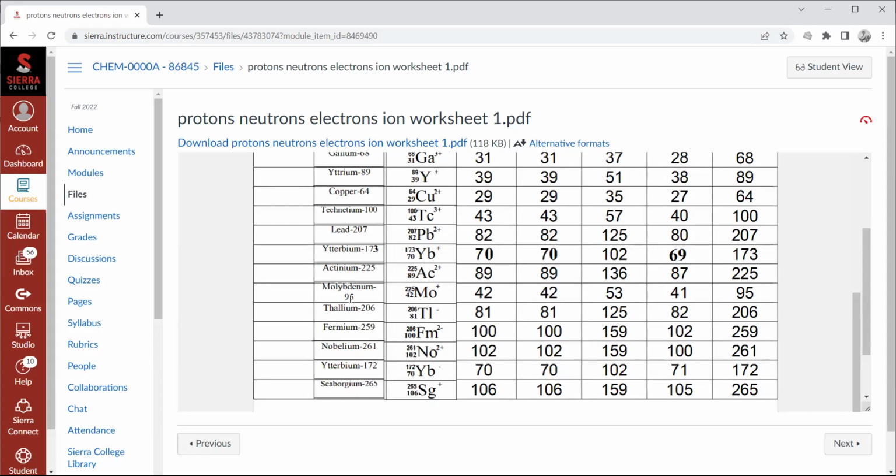So in the first column here, you're going to be naming it, naming the isotope. Here's going to be the symbol. This is going to be protons. You see the column here.